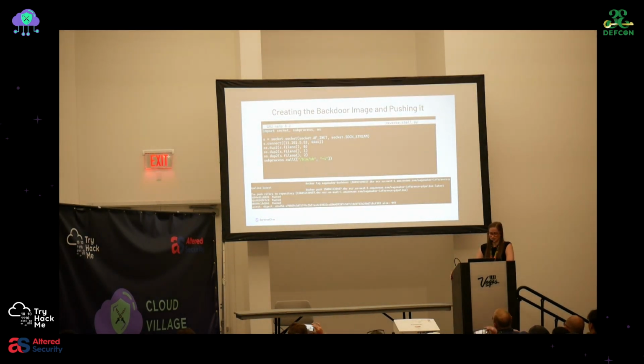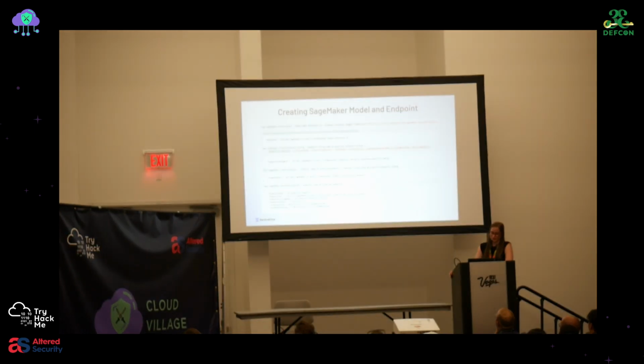So as you can see here, I created a very simple reverse shell using sockets, and then I pushed my malicious image to the SageMaker repository that I've created. Then I created the SageMaker model, the malicious model that will use the malicious image, and I just created the SageMaker endpoint. It's kind of like an EC2, but you can't look at it from the EC2 screen. It's like AWS manages it behind the scenes.